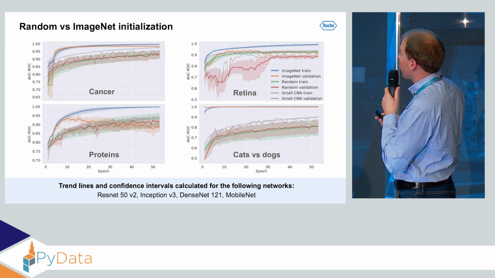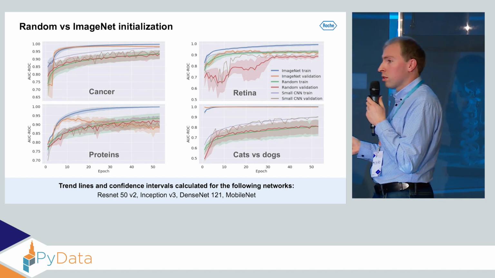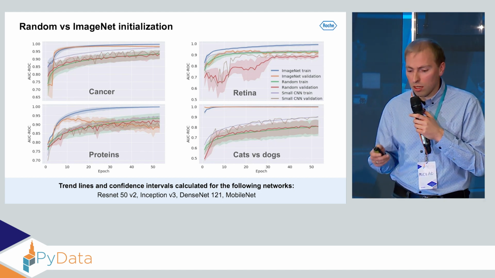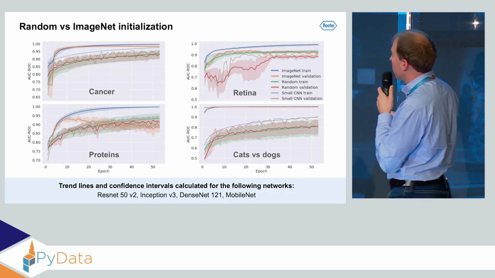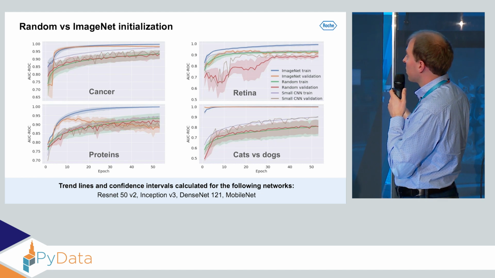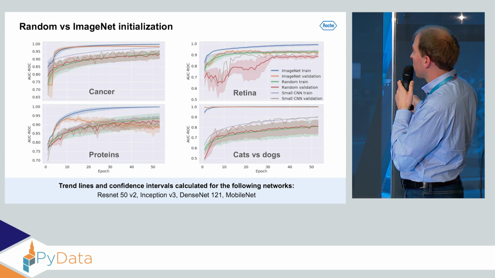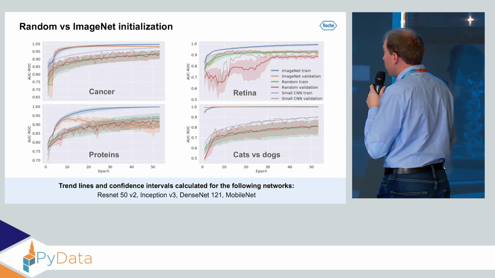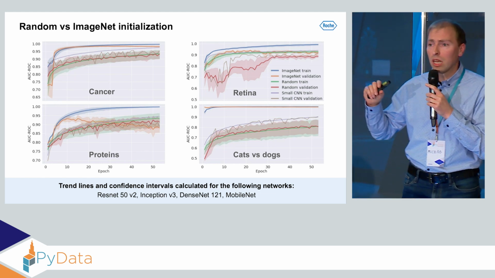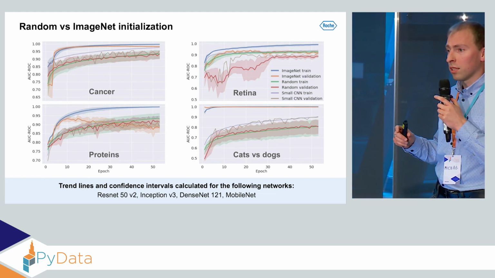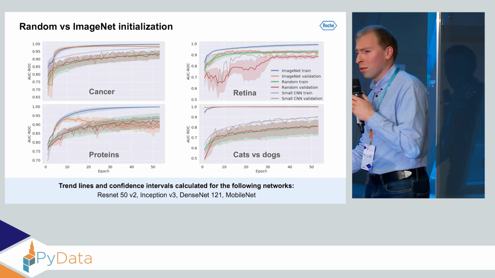We can also see that the pre-trained networks are much more stable, in the sense that the confidence interval between individual runs, marked here as the gray area, is much lower, or the variance, in other words, is much lower for those networks that were pre-trained. So the training in this case is much more stable or predictable.